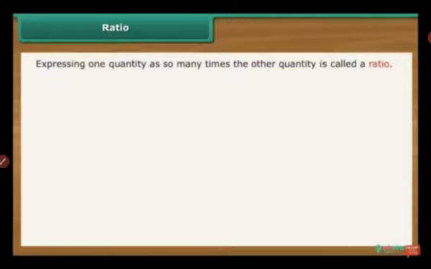Expressing one quantity as so many times the other quantity is called a ratio. 48 divided by 6 is 8 divided by 1. 8 divided by 1 can also be written as 8:1. Colon is the symbol used to denote ratio. Let us look at another example of ratio.